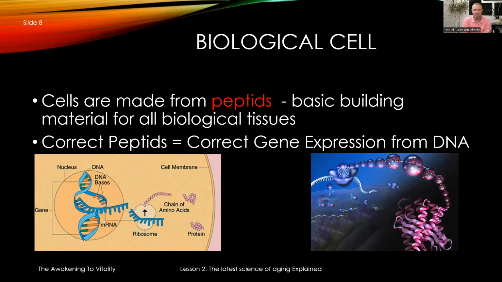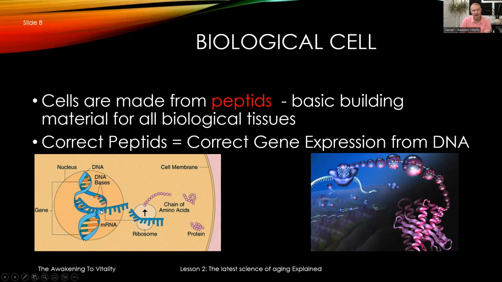This is how the biological cell looks. You can see on the left side the nucleus where the DNA is based, and every cell has to replicate many times, sometimes several tens of times throughout your whole life.